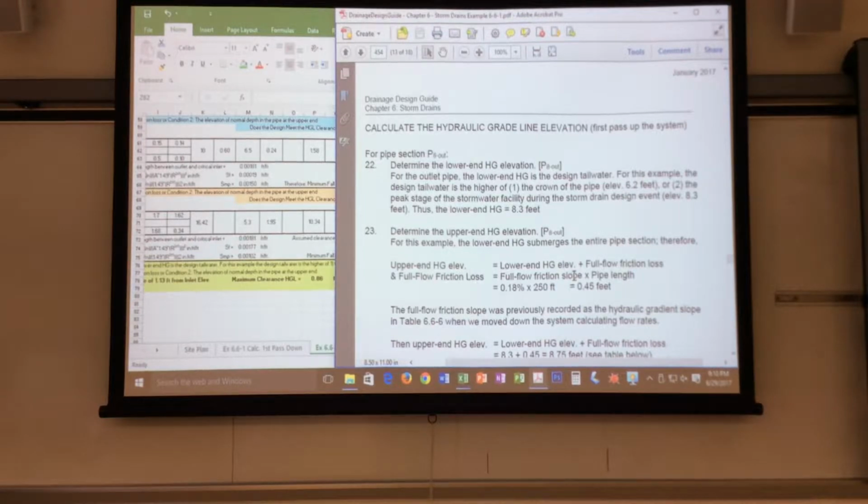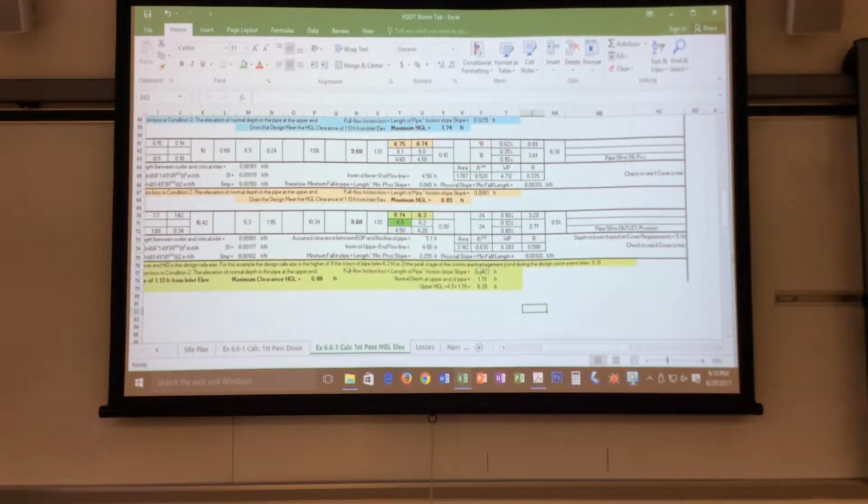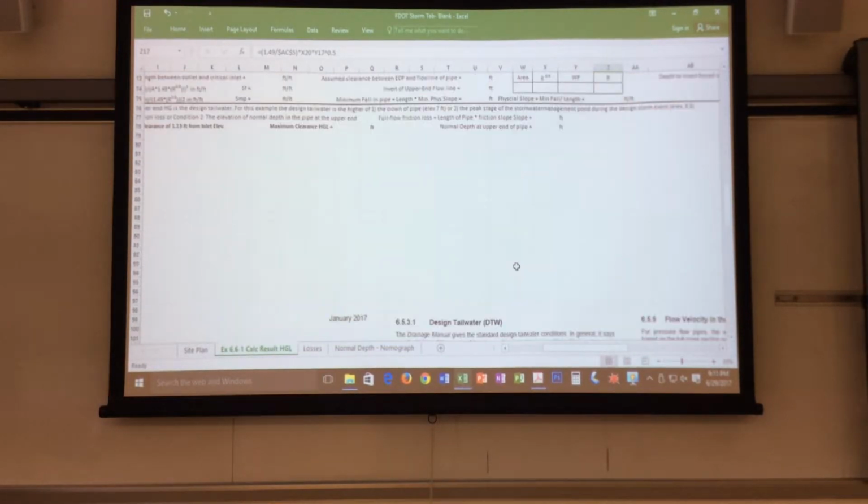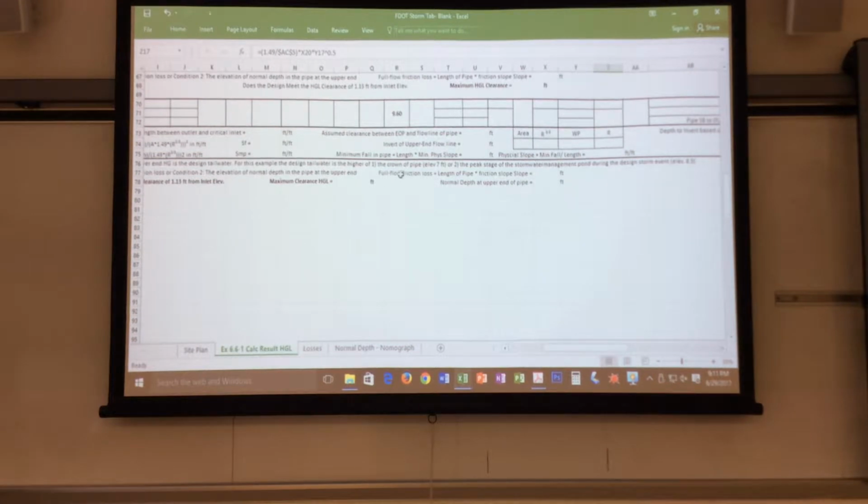Full flow friction loss is basically the length of pipe times the friction slope. So here's our friction slope. I've got this little formula right here, and you all should have it on your sheet also, and you can fill out that cell. So here's the blank sheet down here at the bottom. This full friction slope here is the formula you'll be filling out.